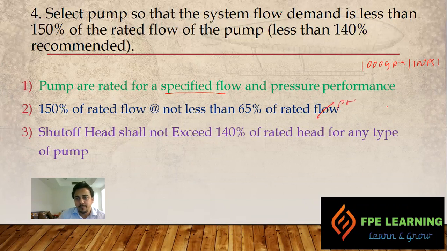So it should supply at overload around 1500 GPM at a pressure of 65. The last point, the shut-off head shall not exceed 140% of rated head for any type of pump, be it split case, end suction, or vertical turbine pump. In this case, 140% is 140 psi.